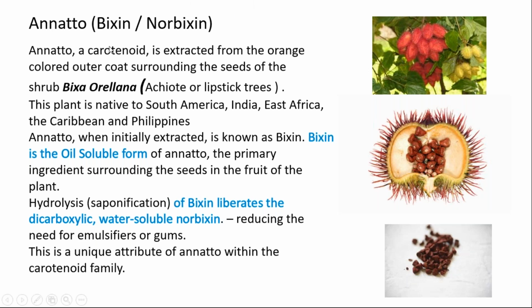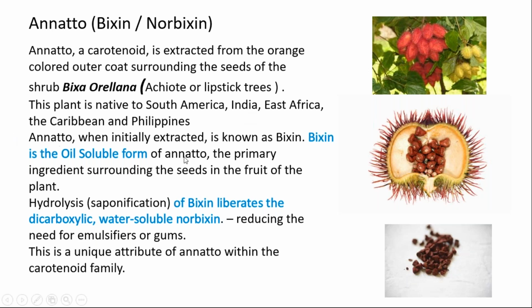Annatto is a carotenoid extracted from the seeds of the plant known as bixa, or the lipstick tree. The fruit has a lot of spines on it, but inside you have a large number of seeds. The plant is native to South America. It is grown in India and, of course, in East Africa also.